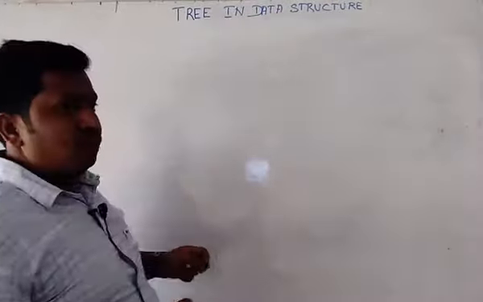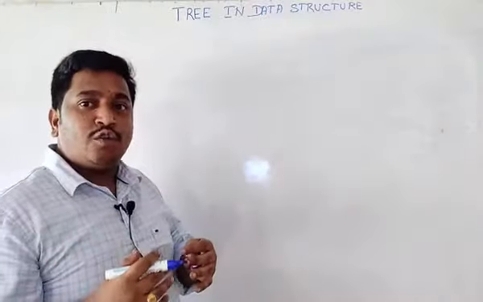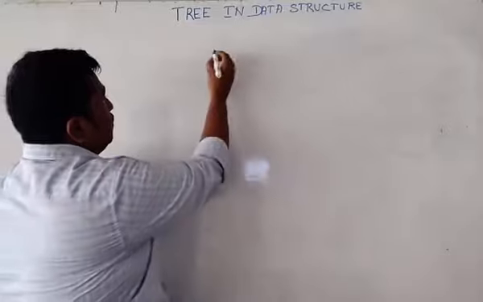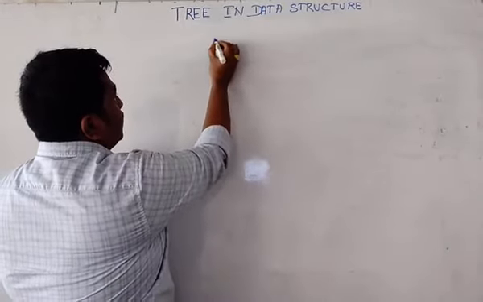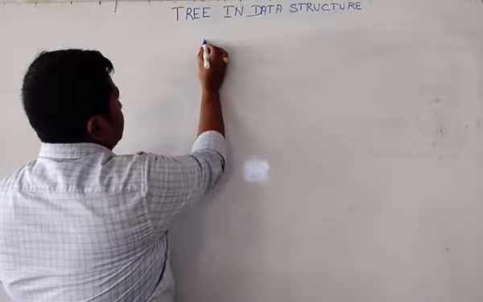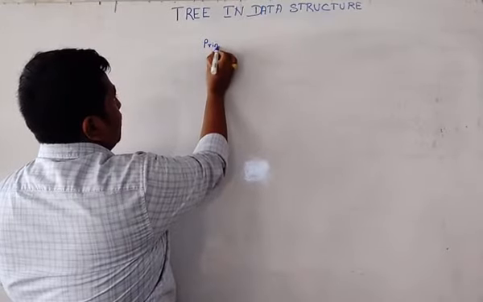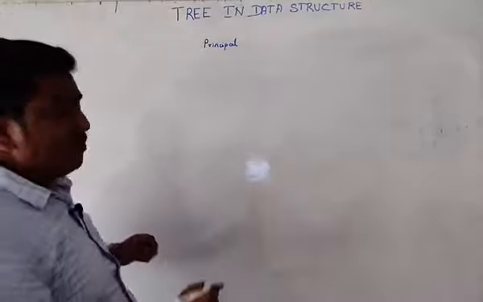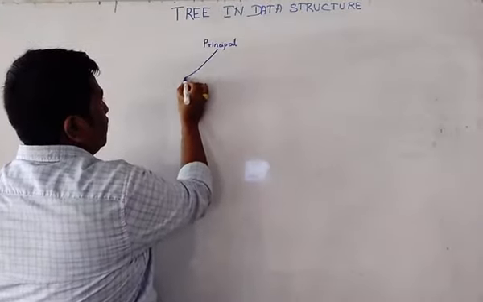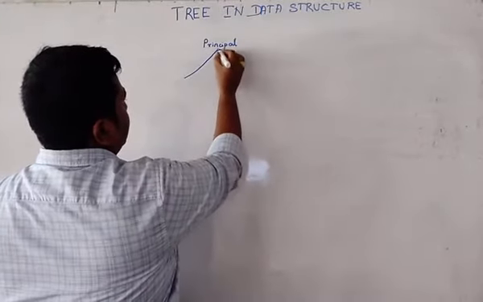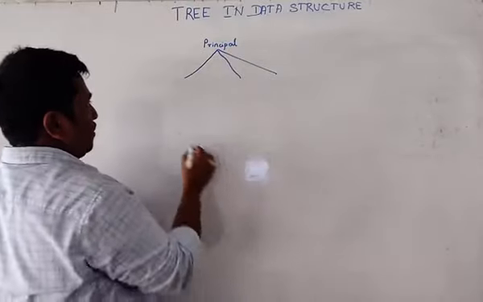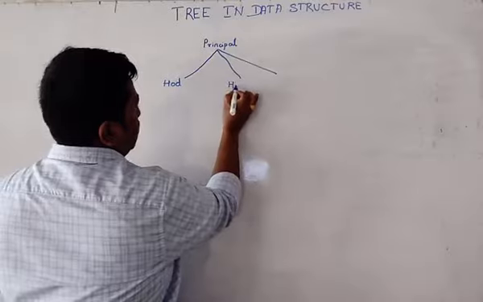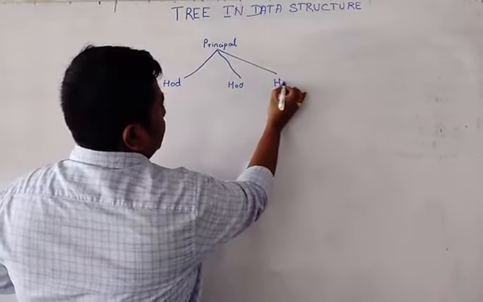If we want to show a hierarchical representation of any organization or any college, if you take a college, the principal comes first. Principal. Okay, under the principal there are many departments, so there will be HODs.